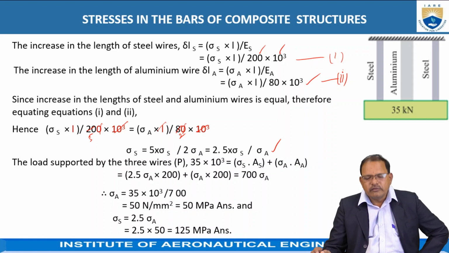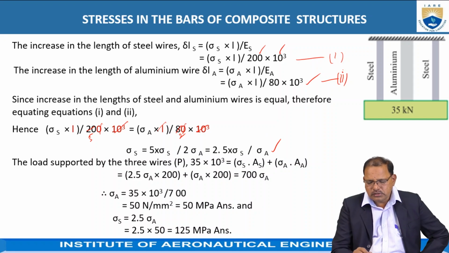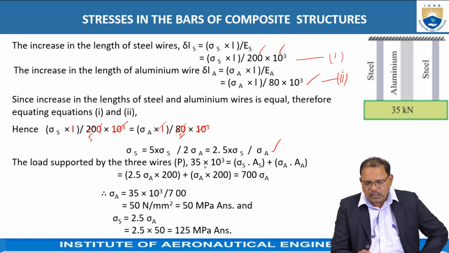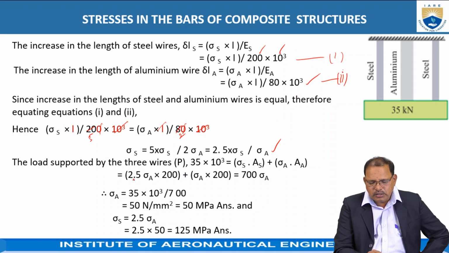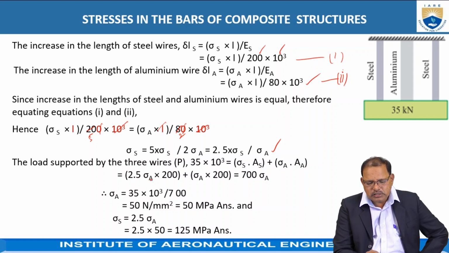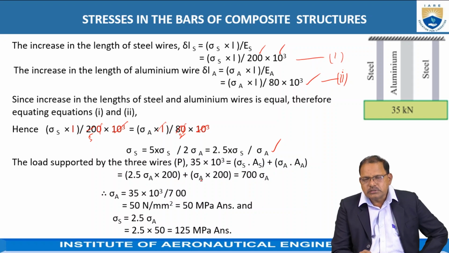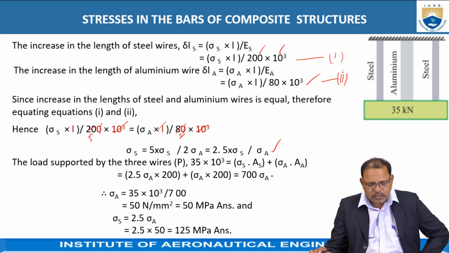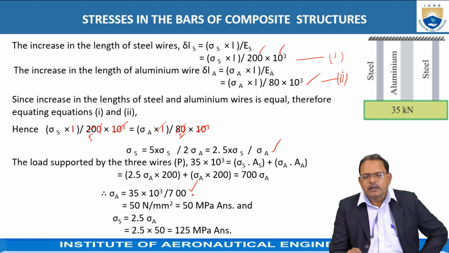The load supported is 35 into 10 to the power of 3, this is the total load, which is equal to sigma S into A plus sigma A into A. Here it is equal to 2.5 sigma A, because sigma S is equal to 2.5 sigma A, into 200 plus sigma A into 200, which is equal to 700 sigma A. Or sigma A is equal to 35 into 10 to the power of 3 divided by 700, which is equal to 50 Newton per mm square.